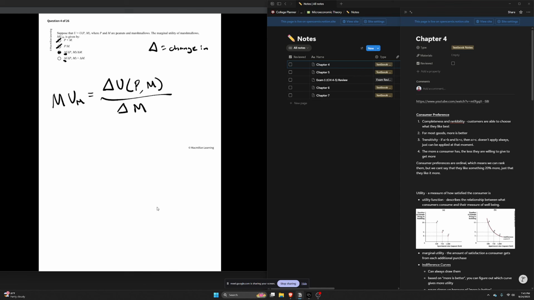So like the question said, we're looking at the marginal utility of marshmallows, right? So this M right here isn't talking about marginal like the M here is. It's talking about marshmallows. So this would be saying the change in utility over the change in marshmallows, which kind of sounds like the marginal utility, right? How much do I get from getting one more?